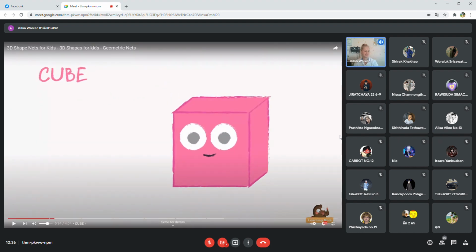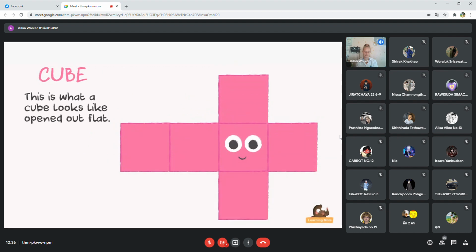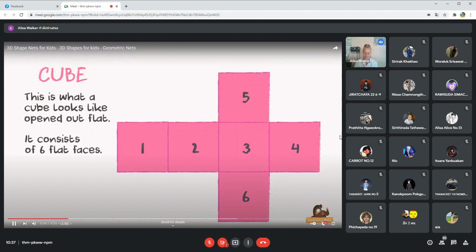What shape is it? Cube. Cube, good. We're going to look at the net. Let's see what it looks like. Here is the net of our cube.